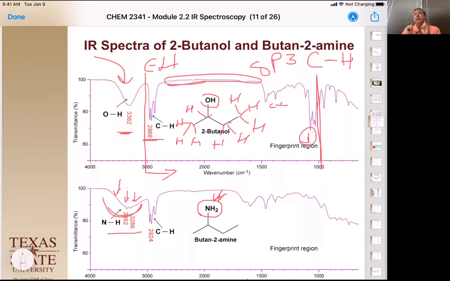All right, let me talk about the line shape up here. See where this NH has this broad line and these other peaks are sharp? And the OH has a broad line and the other peaks are sharp? Because of the oxygen and nitrogen, their hydrogens can hydrogen bond.